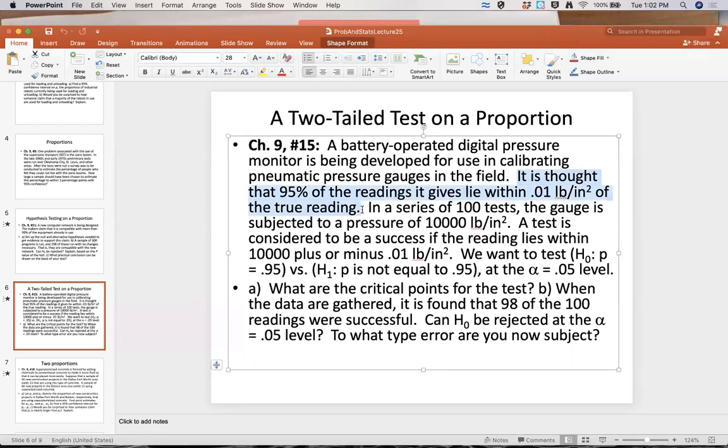So the number you want to focus on there is the 95%. P is the proportion of these gauges that give readings within the desired amount. We think it's 95%, maybe based on past data, but we're wondering if it's changed perhaps.